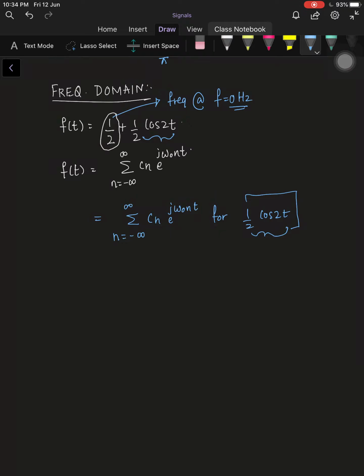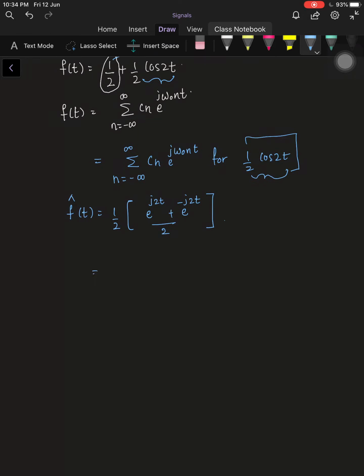Okay, now instead of writing f of t, I will take this as f cap of t just to avoid confusion. We can write cos 2t as (e power j 2t plus e power minus j 2t) divided by 2, so it is 1 by 4 e power j 2t plus 1 by 4 e power minus j 2t.